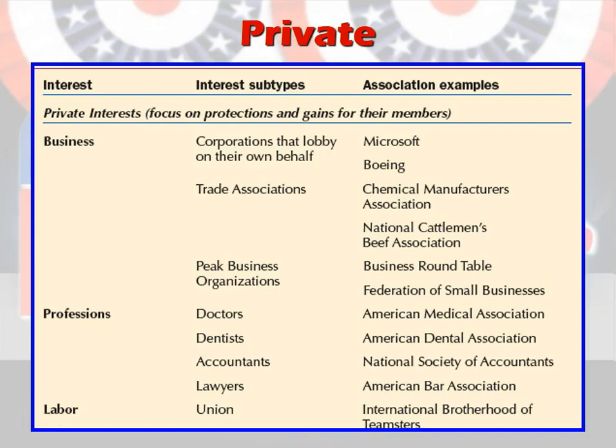They're just out to benefit their own members. The Chemical Manufacturers Association, my guess is they don't really care if they pollute the environment or not as long as they're making money. So they're going to try to get Congress and the president to pass laws that support their points of view and make life easier for them.